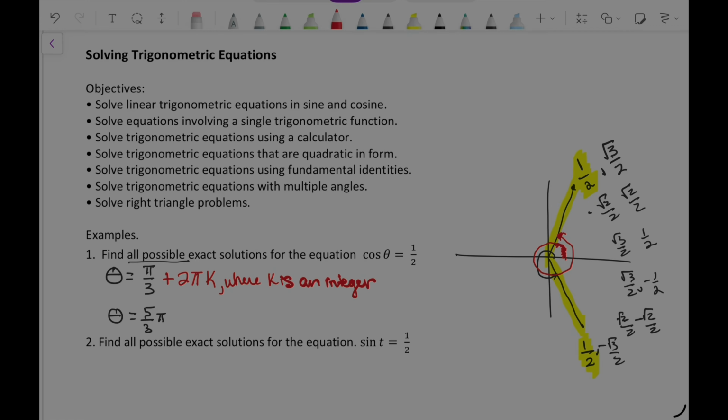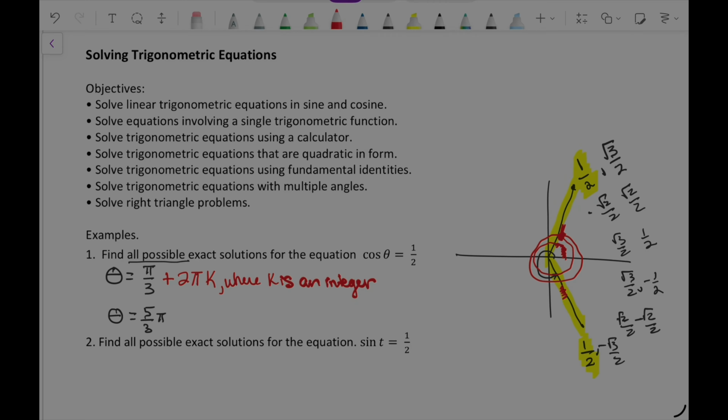Okay, that means you could go from this spot now, another full cycle later, land there, and that would also be a cosine value of a positive 1/2, right? So like we already established 7/3 pi, 13/3 pi, and we could just keep going around, full cycle, full cycle, full cycle. The same thing happens with the one that's down here, right?